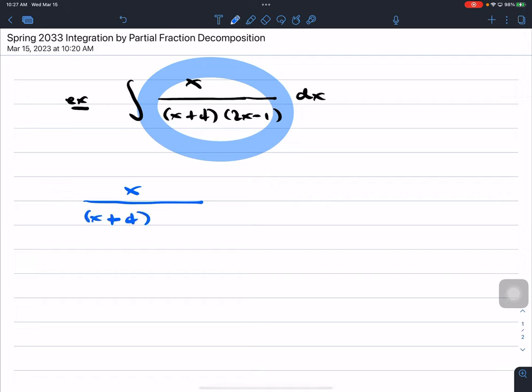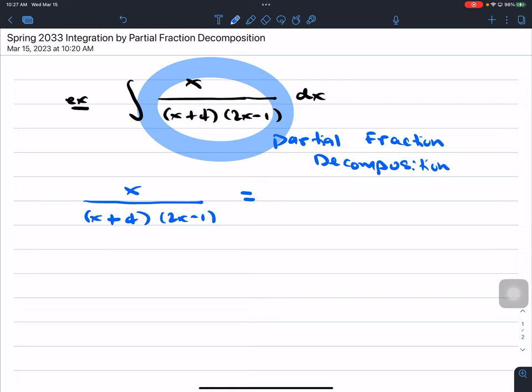So what I'm going to focus on here is that process known as partial fraction decomposition. So remember, what was that? The partial fraction decomposition, what this is, you're writing a rational function as a sum and difference of simpler rational functions.